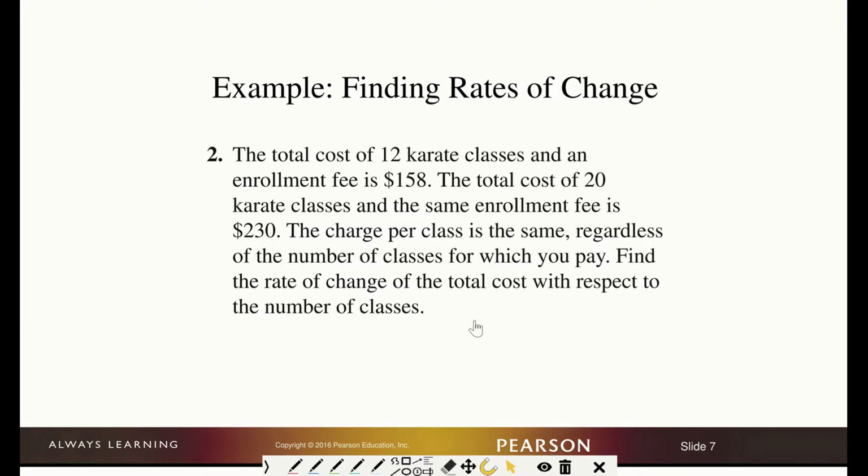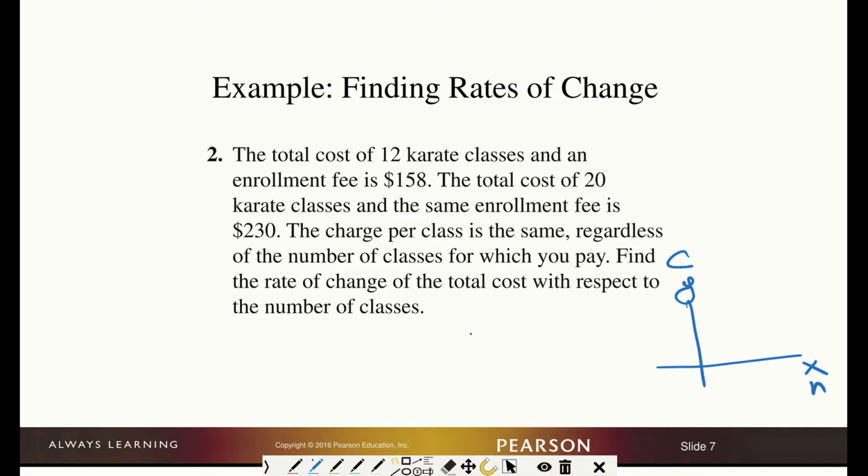So, for example, our axes, if we were to do a plot, instead of x, y, we may want to use n for the number of classes and c for the cost. And we're trying to find the rate of change of cost with respect to the number of classes, right?